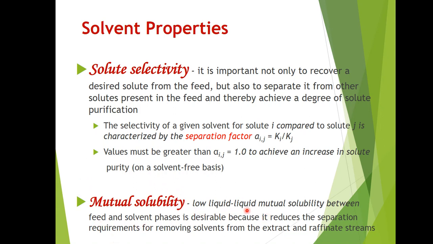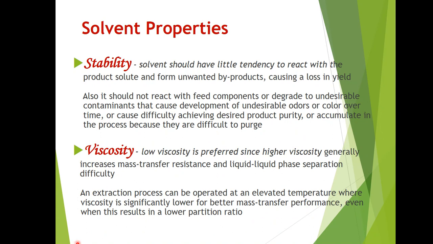They should not be completely miscible or soluble. That way, it would be easy to separate the components later on, especially the solvent from the extract and the raffinate layer. So it should be low liquid-liquid mutual solubility.